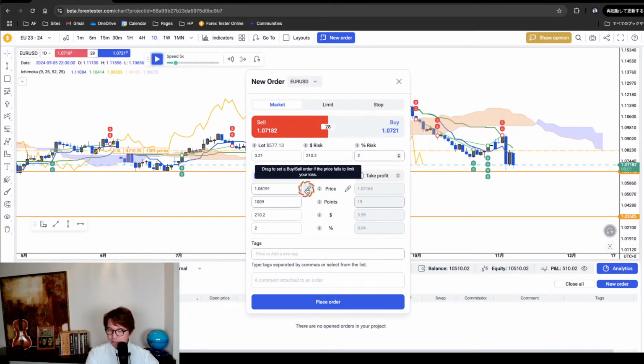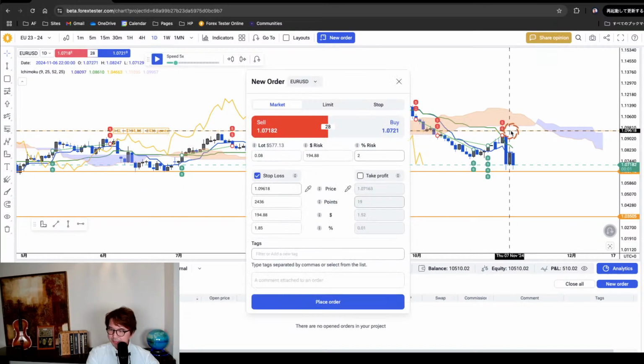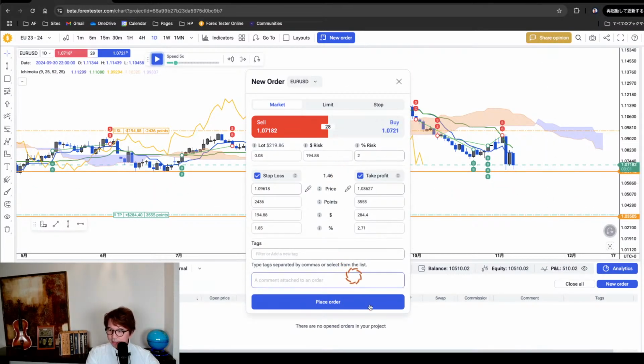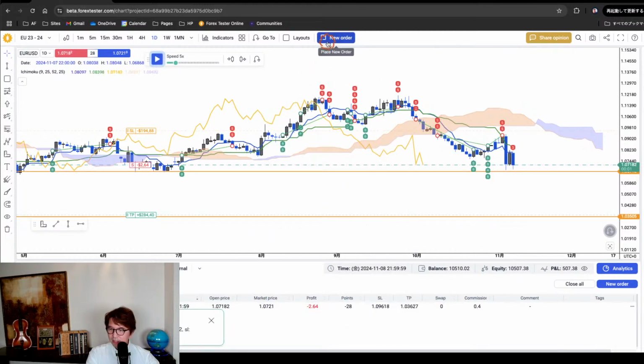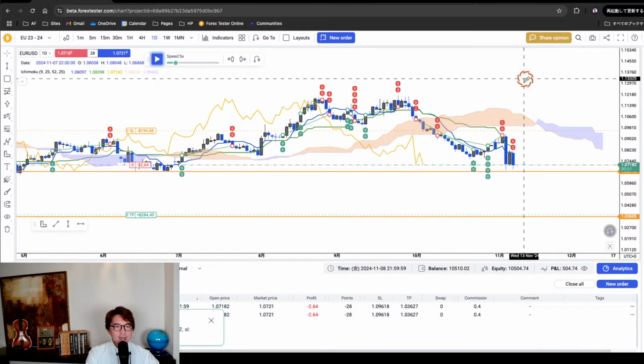And I put the stop loss up here on the swing high. And TP will be down here on the E target. Okay, place order, and I do this twice. I place 2 positions, 2 stop losses, and 2 TPs. Place order, and let's see how this one goes.